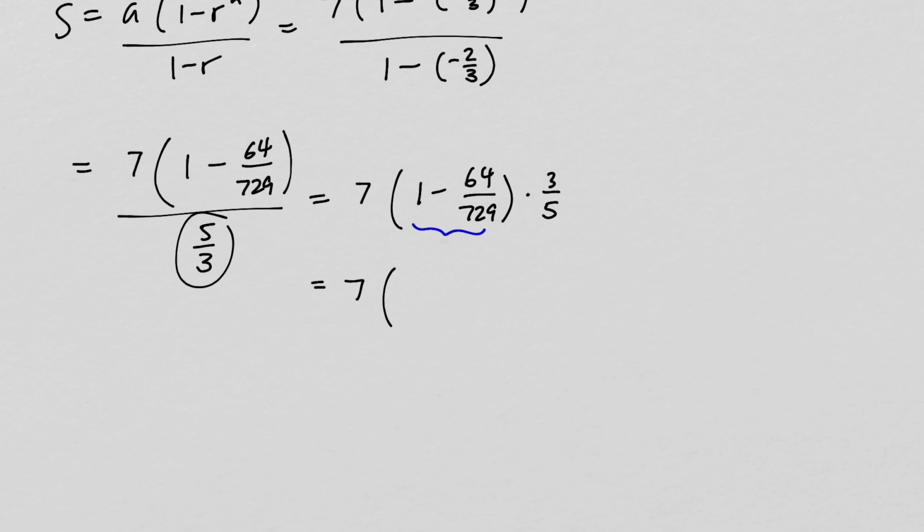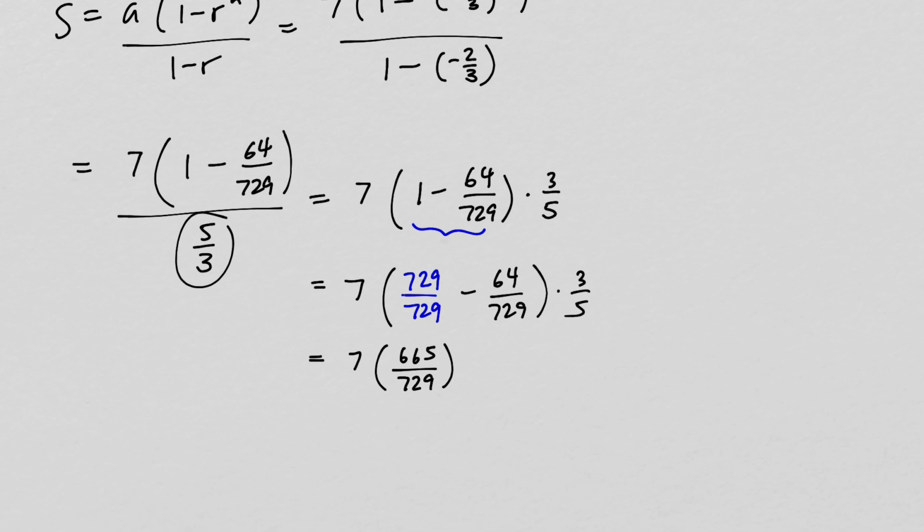I'm just going to get a common denominator, so 729 over 729, that's equal to 1, minus 64 over 729, and then times 3/5. And then if we do the math here, 729 minus 64 is 665 over 729, and that's times 3/5.